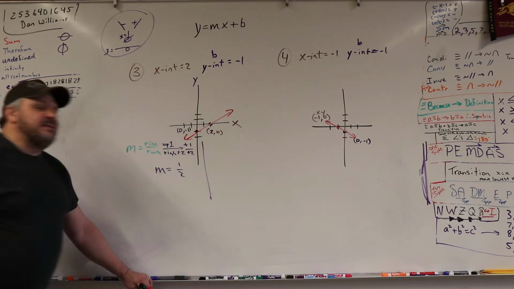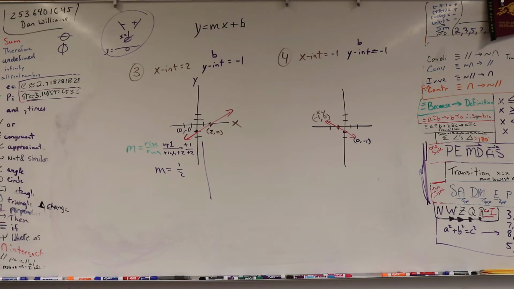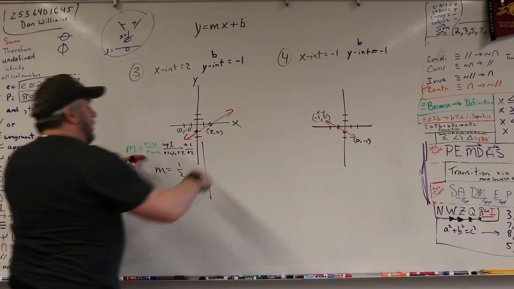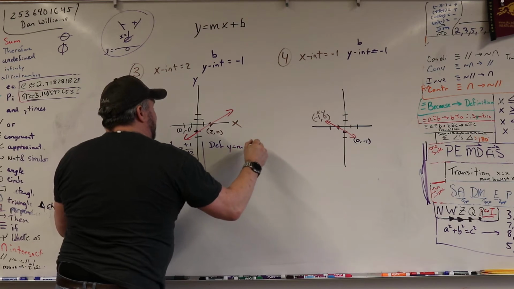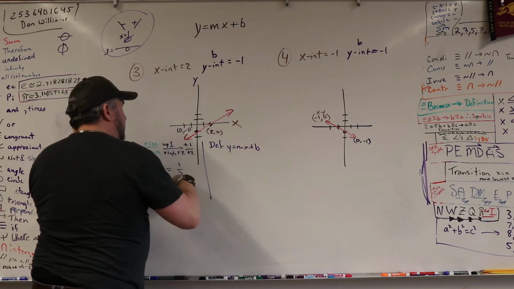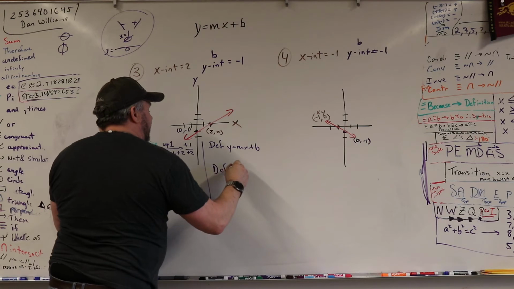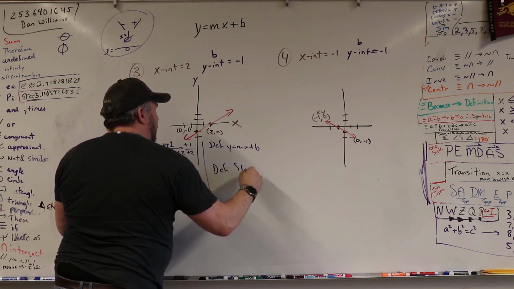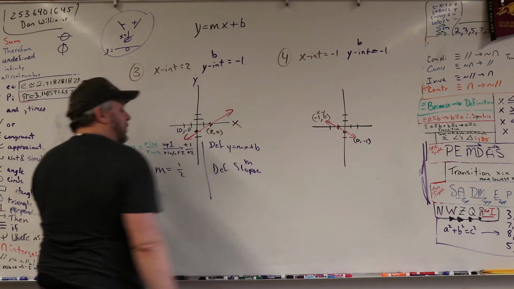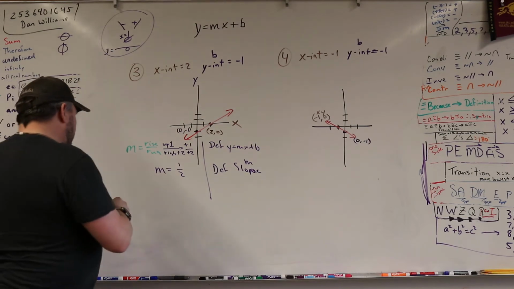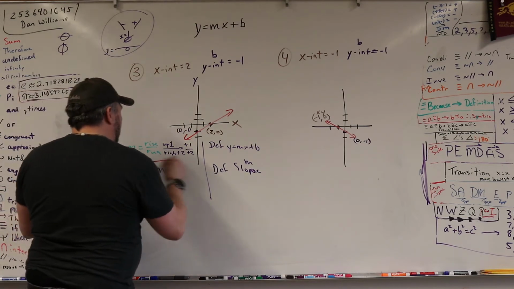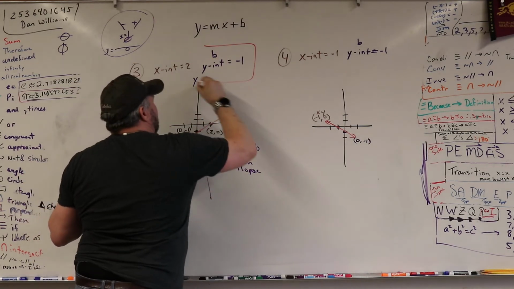But I need to say how I got that. How did I get that? Here I'm using the definition of y = mx + b and the definition of slope. Or you could call it just m. Okay? Now, once I have slope, I have m and I have b, right?